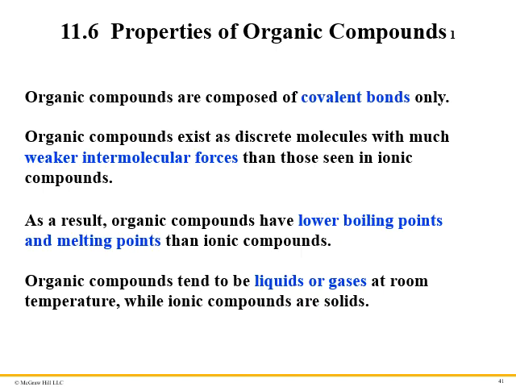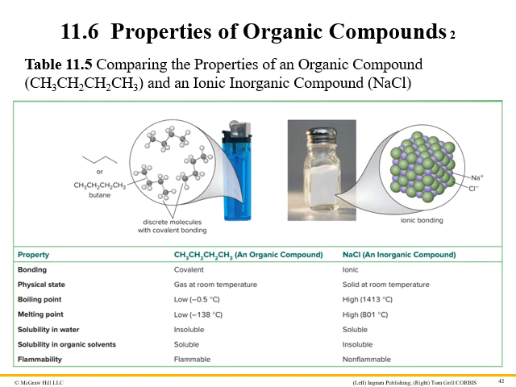So they're just there. That means that their boiling and melting points are going to be much lower than those of ionic compounds. A lot of organic compounds, if they're on the smaller side, they tend to be liquids or gases, while ionic compounds of that same molar mass, they tend to be more solids.